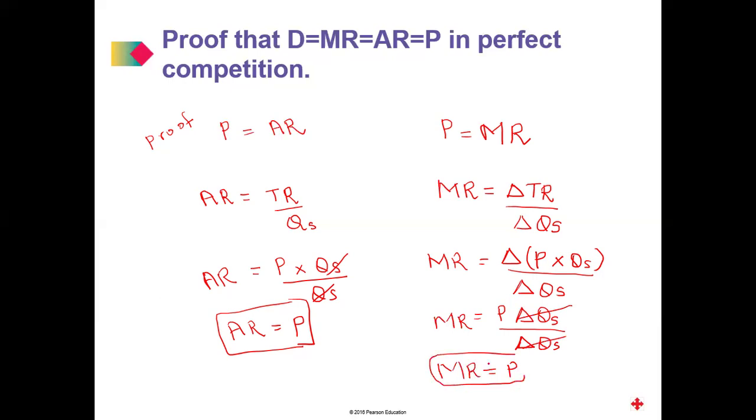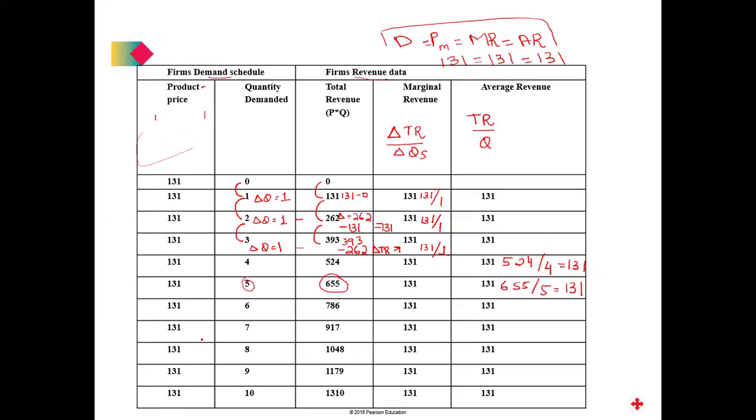So we have done two things. Number one, we have calculated average revenue, marginal revenue, and total revenue. And through our calculations, we observe that the price and marginal revenue and average revenue are all the same.